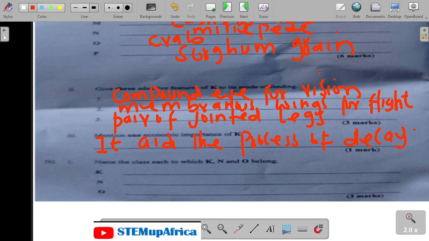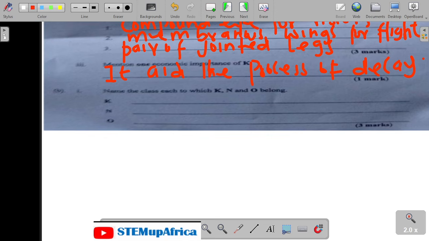Then part B is name the class to which each of K, N, and O belong. K is insecta. Then N is myriapoda. And O is crustacean.